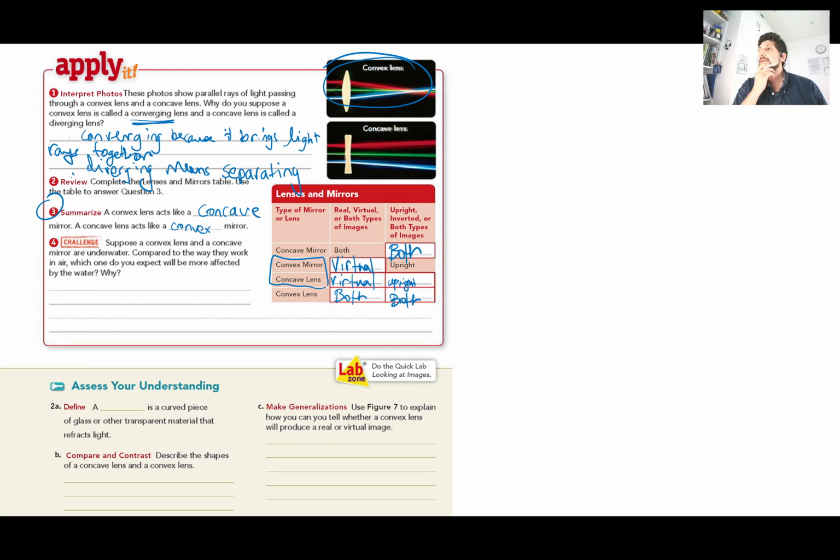Well, think about it for a second. The lens, okay, the light doesn't bend as much when it travels from water into the lens as when it travels from the air into the lens. So the medium a mirror is in doesn't really affect the way it works, whereas the lens would be affected.